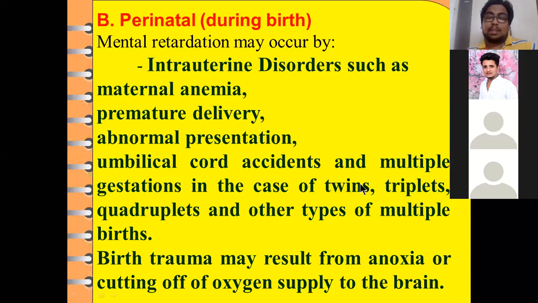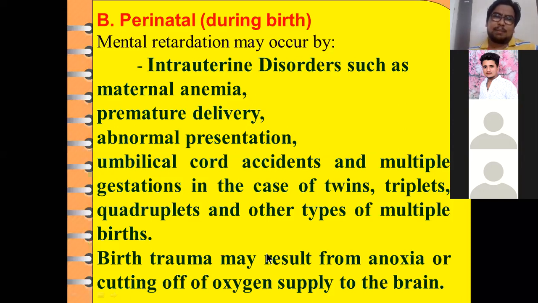Sometimes the mother is having multiple gestation, carrying more than one baby at a time. In case of twins or triplets, quadruplets, this is multiple birth. During that time also, the chance of mental retardation is very high. Birth trauma, I already told, any instrumental injury to the baby's head also leads to mental retardation.